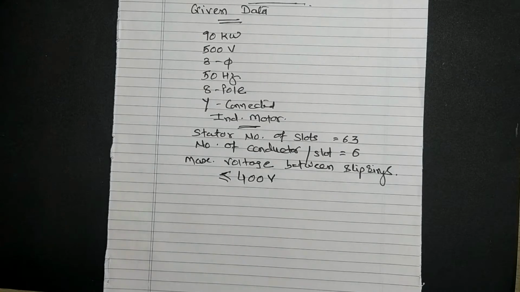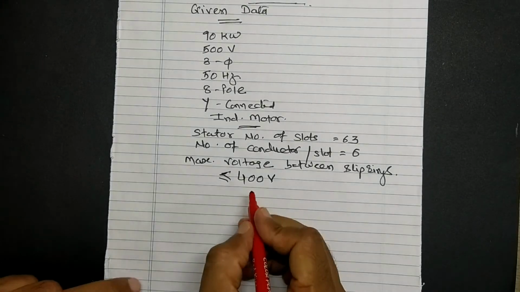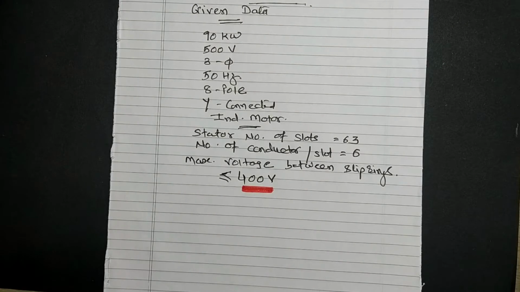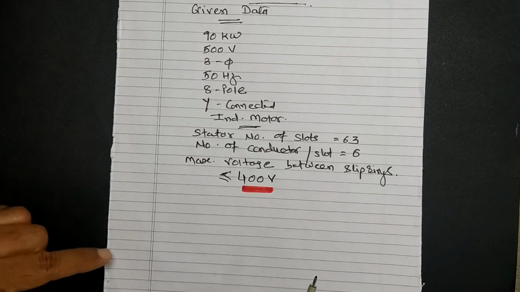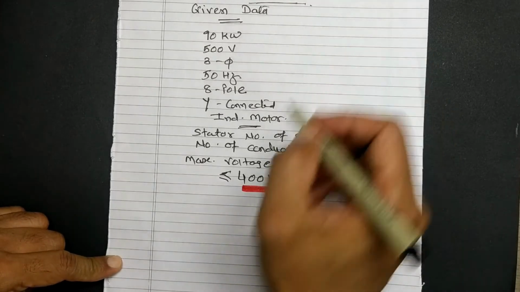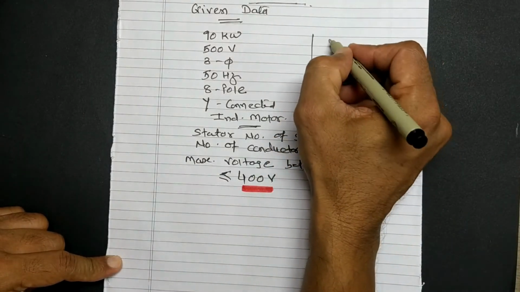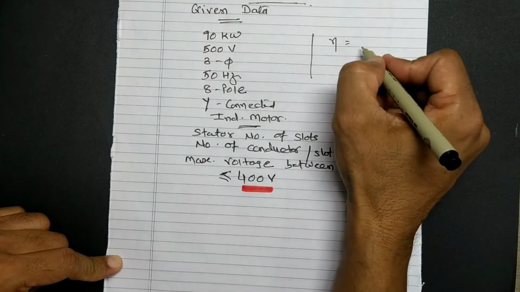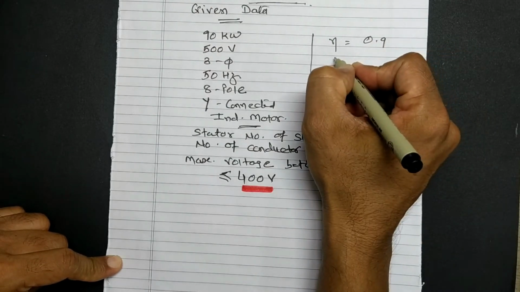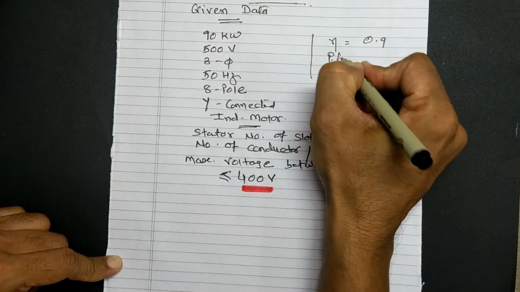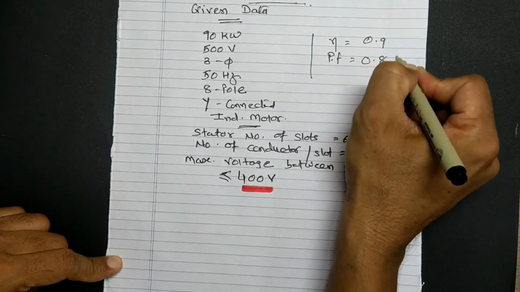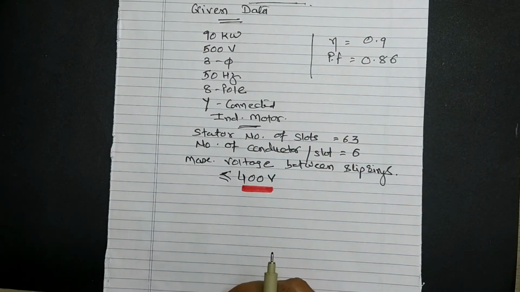This is one of the constraints. While designing, we have to take care that total voltage between the slip rings should not increase beyond 400 volt. Some more data is given, that is the efficiency 90% and power factor 0.86.